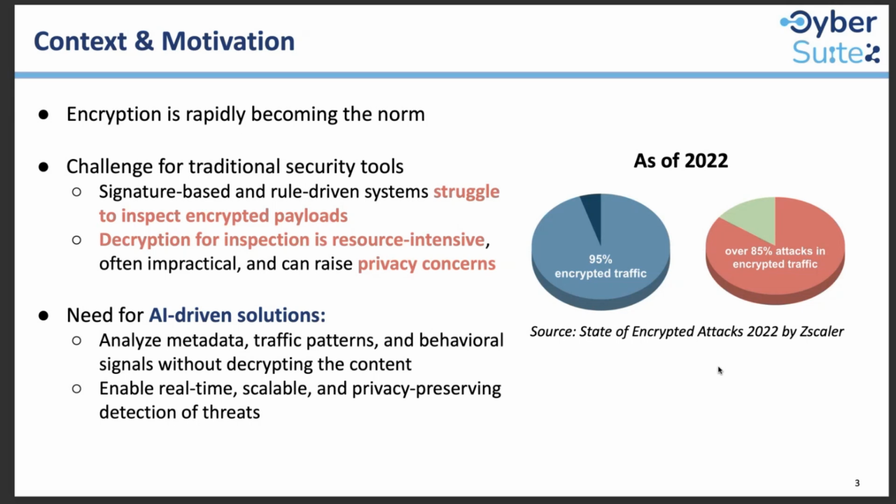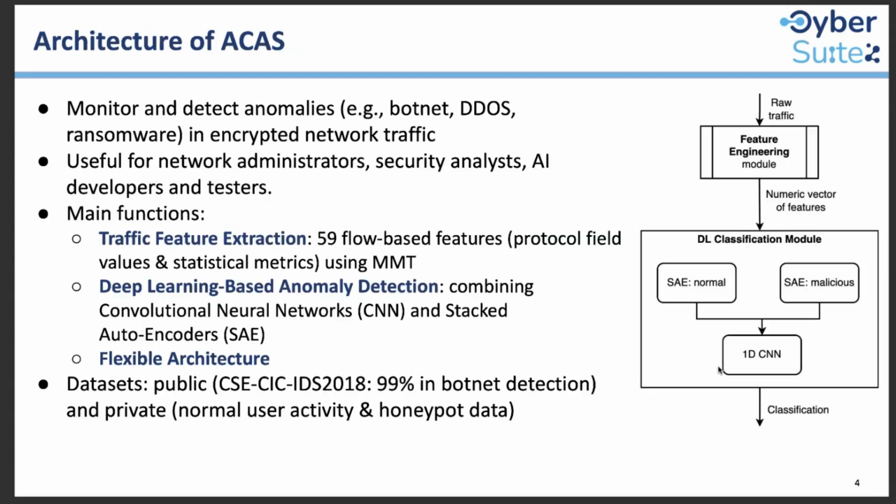So we need an AI-driven solution where the AI model can analyze metadata, traffic patterns, and behavioral signals without decryption to detect anomalies. It also allows real-time, scalable, and privacy-preserving detection of threats.